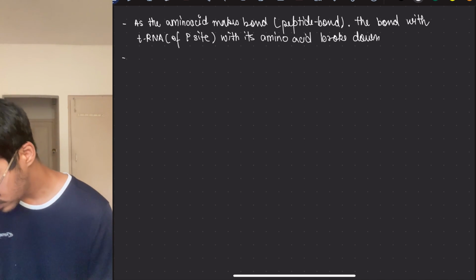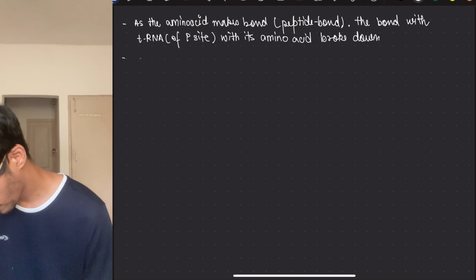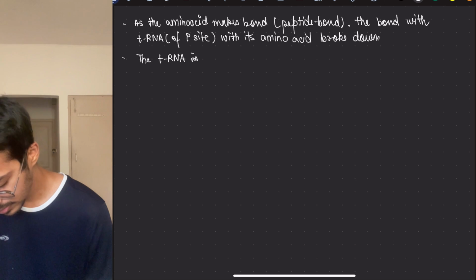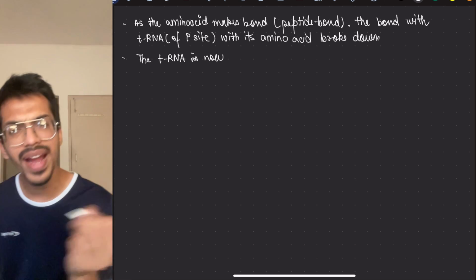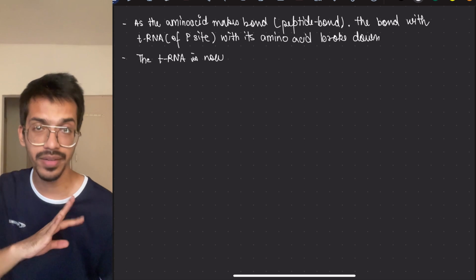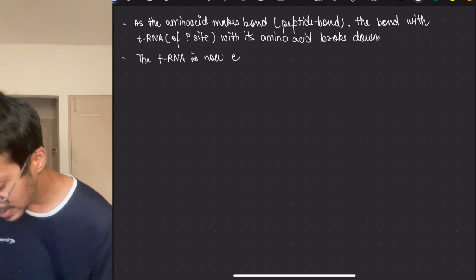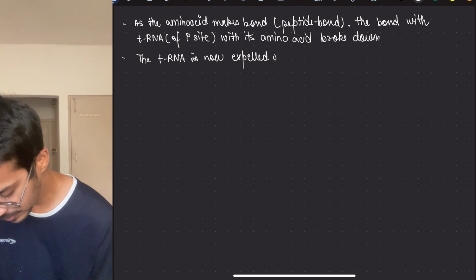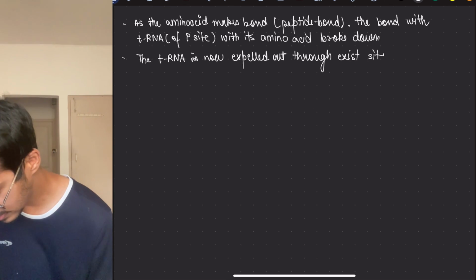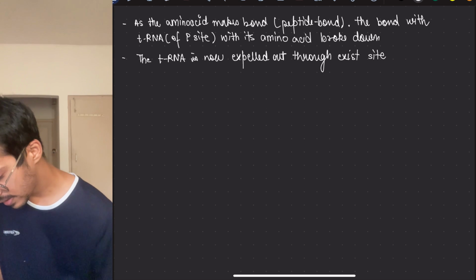Next, the tRNA is now expelled. Why is it expelled? So that it can again go and join whenever needed in the future. The tRNA is expelled out through the exit site.